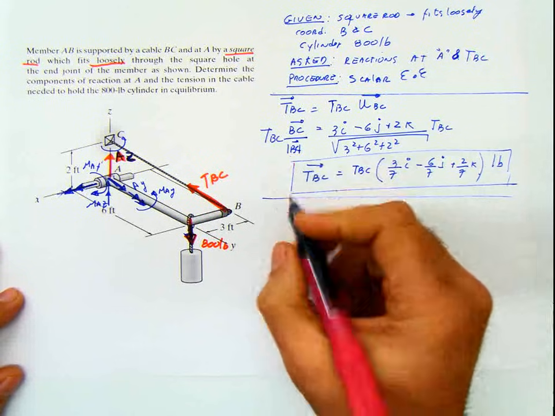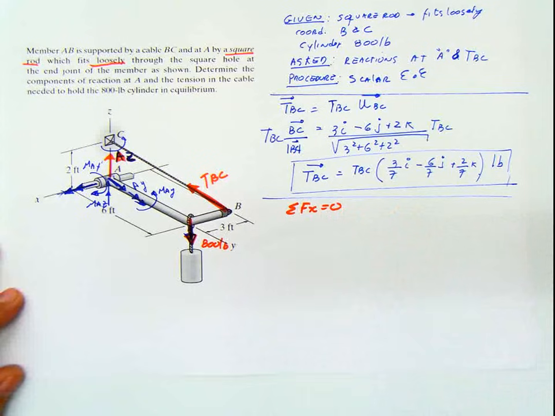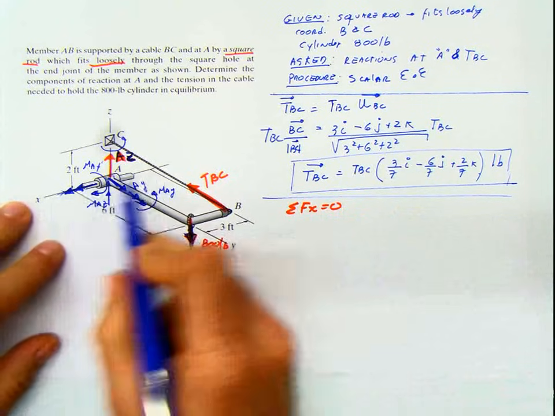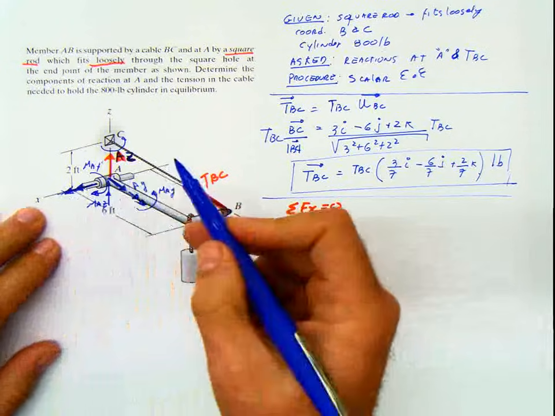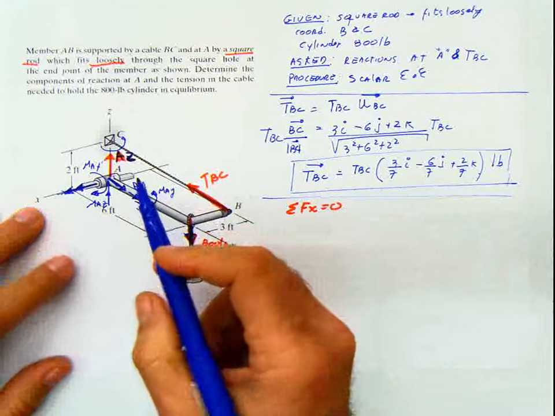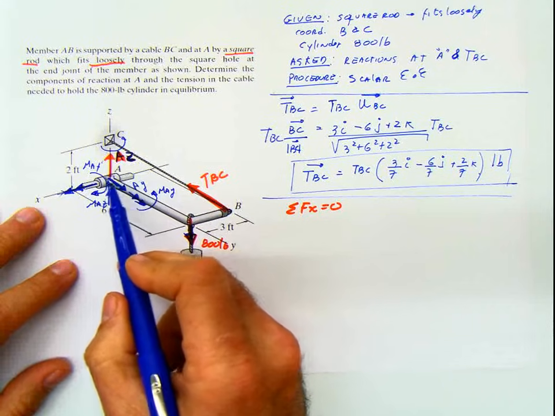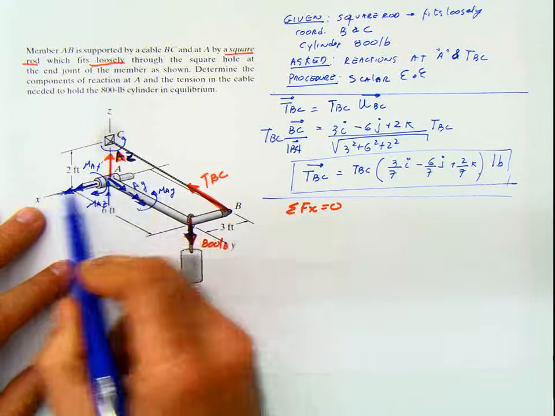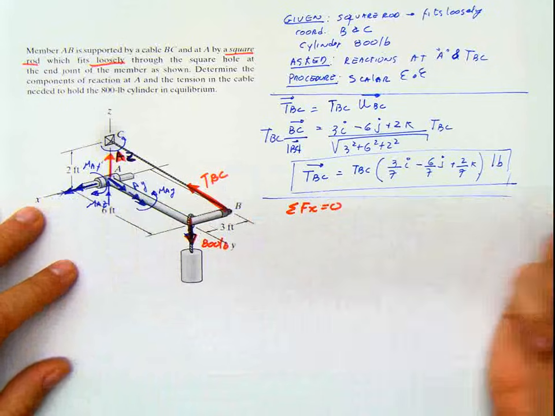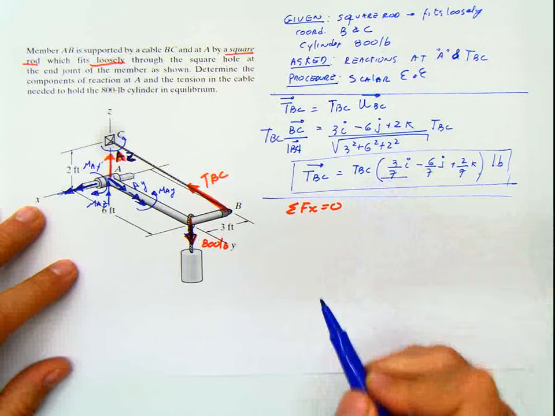The first one that we're going to do is summation of forces in x equals 0. In this direction, there is no force in x, and there is nothing else in x. What do we have in x here? There's no reaction here, so I'm not going to copy anything, and we have this component of the force.